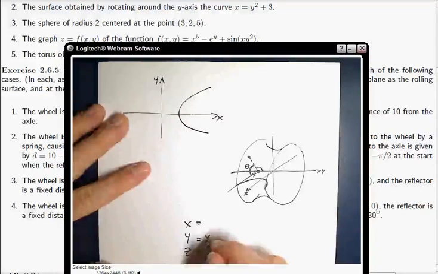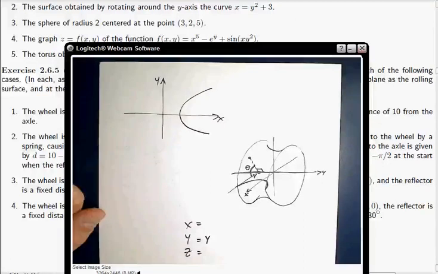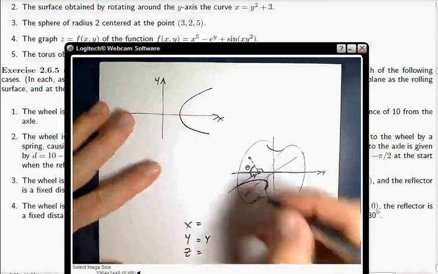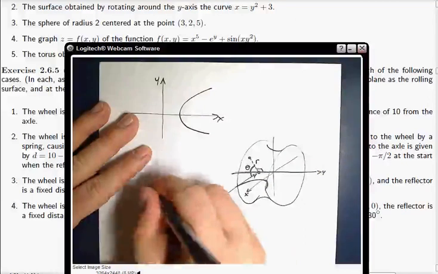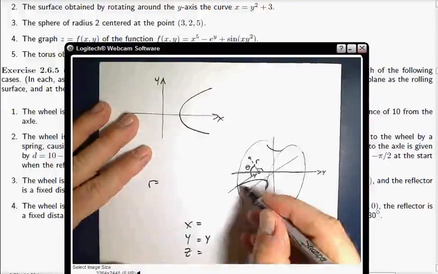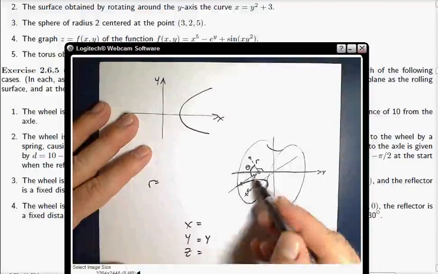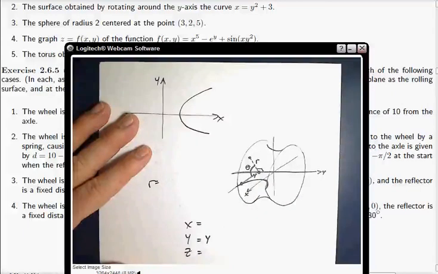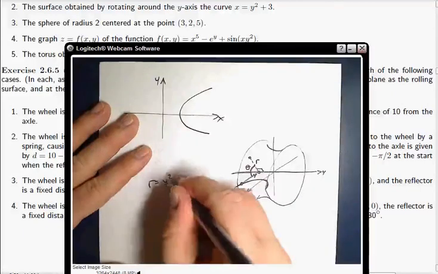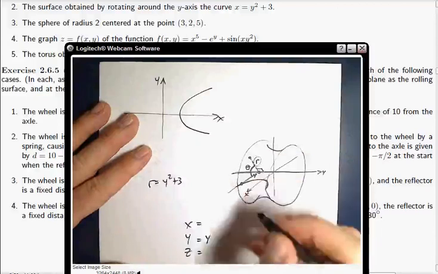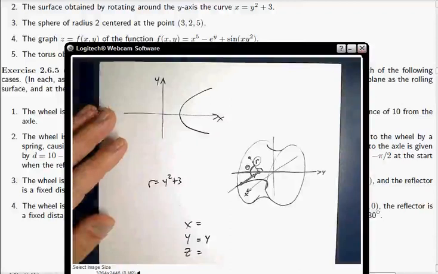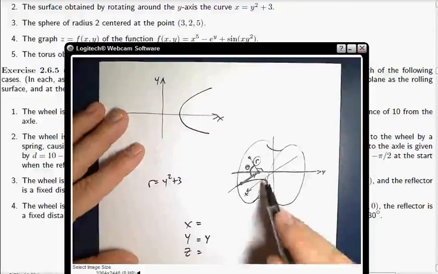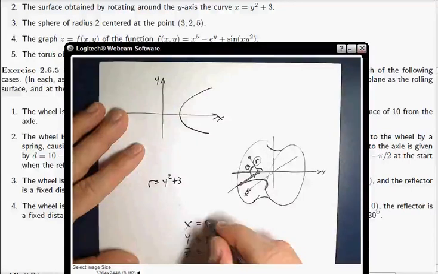Well, good news, y is easy to solve for in terms of y and theta. It's just y. So what is x? Well, I'm going to have to know what that radius is. Let's call that radius r. That turns out to be easy. r is the same as what had been x on the original curve. So it's just y squared plus 3. That's that distance r. It's the same as that distance. And x here, I claim, is r cosine theta.